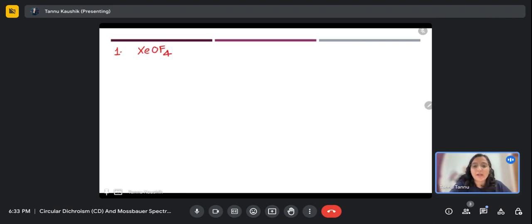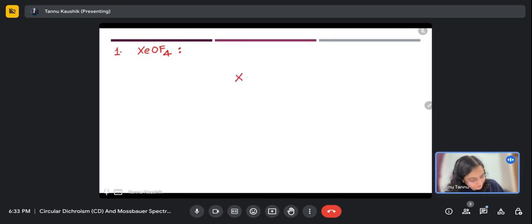Firstly, you have to be very careful about drawing the geometry of a particular molecule. If you draw an incorrect geometry, then you might end up guessing a wrong point group for that molecule. So for this, you have to brush up your chemical bonding concepts. Make sure you draw the right structures.